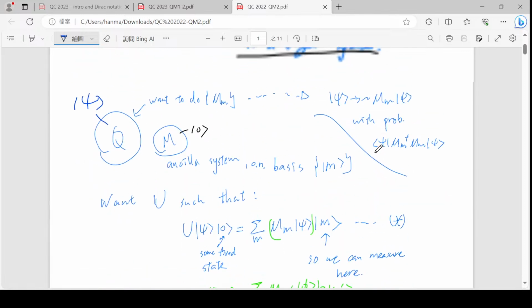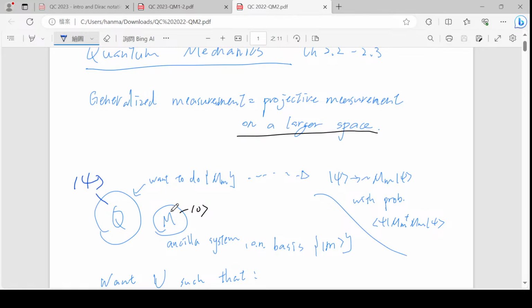And how we do this: the generalized measurement, once again, we think about those psi should, after a measurement, become M sub m psi with some probability, with the probability being the norm of this thing.